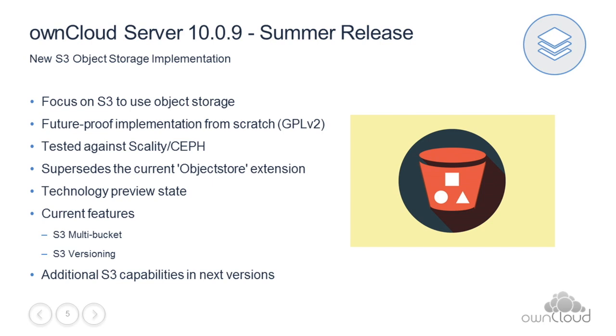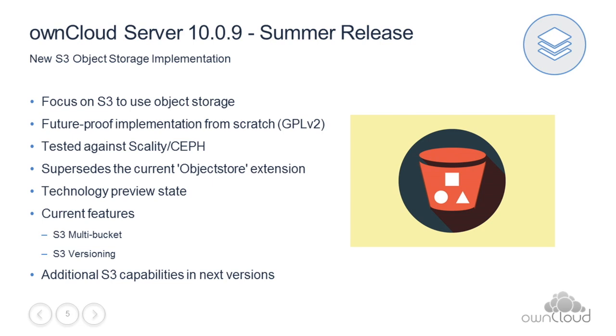Also, in contrast to the former object storage extension, the new one is licensed under GPL v2, so it's completely open source and usable for everybody, and can be found as usual on the OwnCloud marketplace.